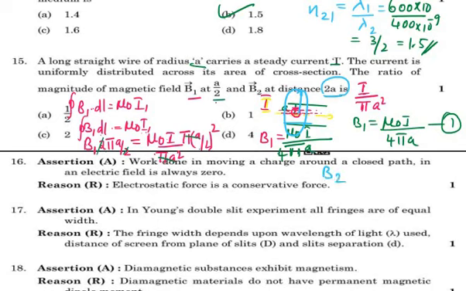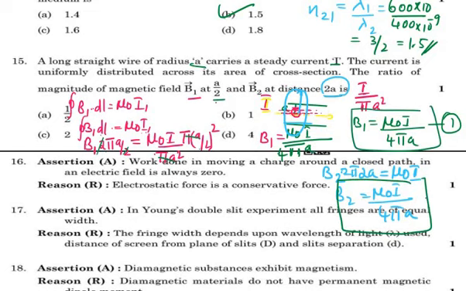We can find out B2 into, if you take the Amperian loop and integral dl, you will be getting 2 pi into 2A, that will be equal to mu 0 into I. So here B2 will become mu 0 I divided by 2 into 2, 4. So 4 pi A will come. So if you see these two values, B1 and B2 are same, right? So we can say equation 1 and equation 2 are same. So the right answer will be option B.